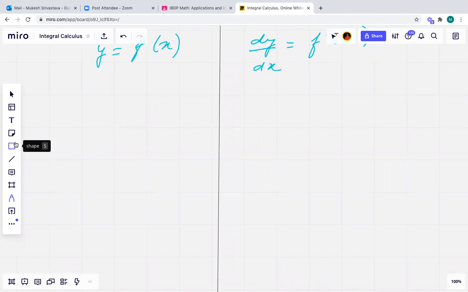All my worksheets are from IB resources. It could be Oxford, it could be Cognitive, it could be Revision Village, virtually whatever I can lay my hands on, I put in the worksheet.